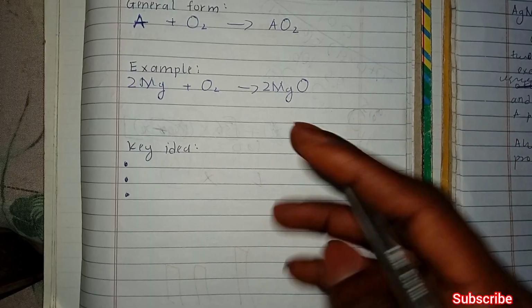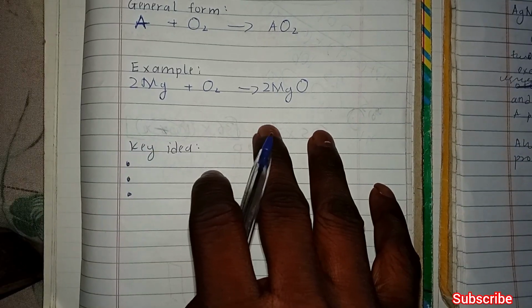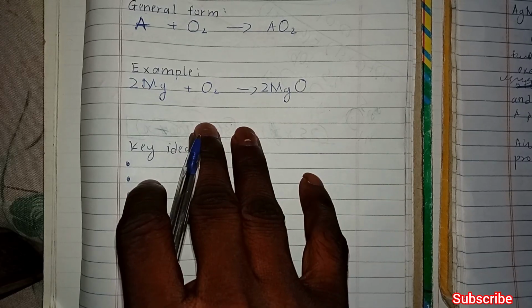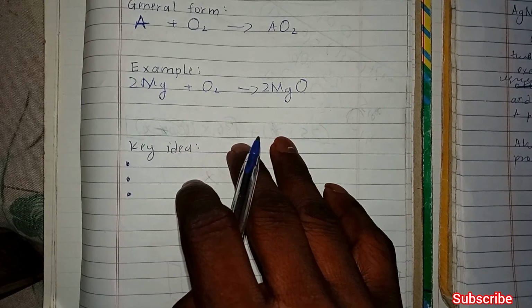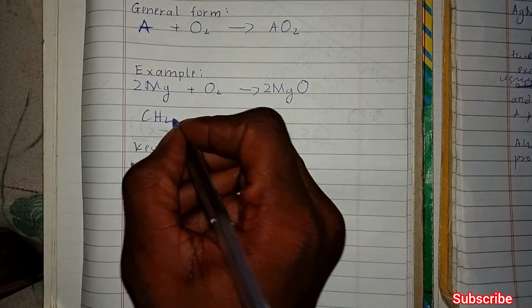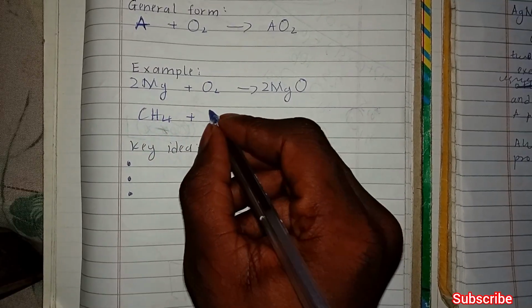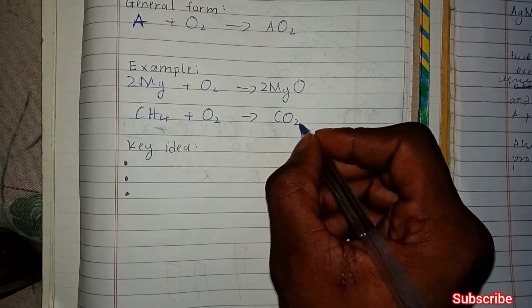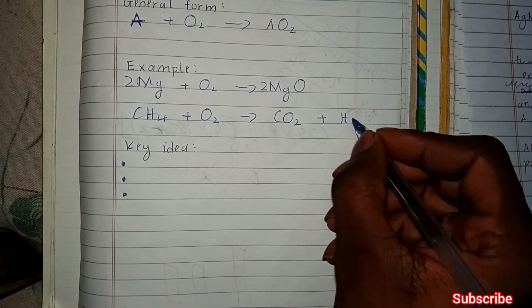So as you can see, magnesium is a combustion reaction, at the same time a combination reaction is common. Now let's take another example. CH4 reacting with oxygen gas gives CO2 plus H2O.